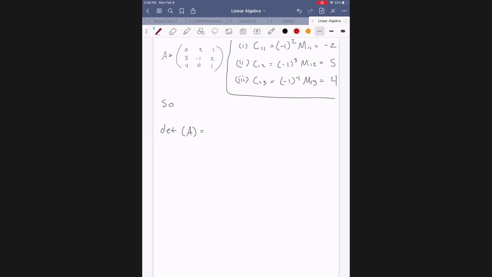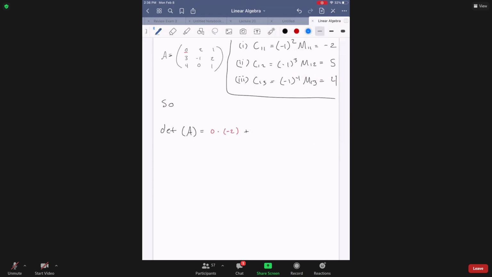So the first entry was 0, so it's just going to be 0 times -2, plus then the entry that goes right here, which is 2, so it'd be 2 times the 5, and then this 1 times the 4. So I guess all in all, it should be equal to 14. Okay.